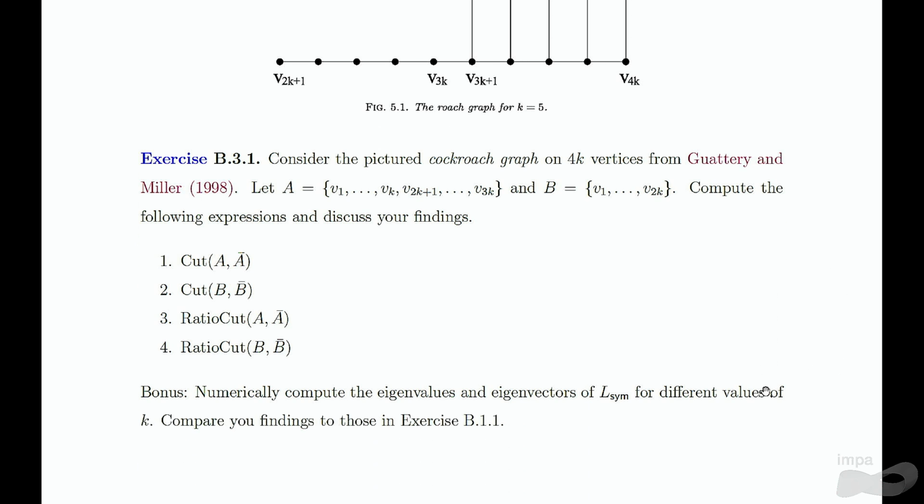If you're curious, you can numerically compute the eigenvalues and eigenvectors of the symmetric normalized Laplacian for this, for sufficiently large k. Compare the findings to the previous exercise where we saw other graphs determined by a specified number of vertices, and then if you want, you can go back to the paper and investigate a little bit more.